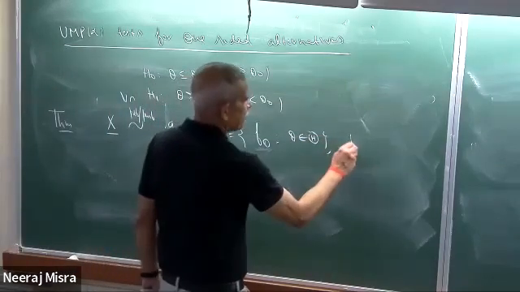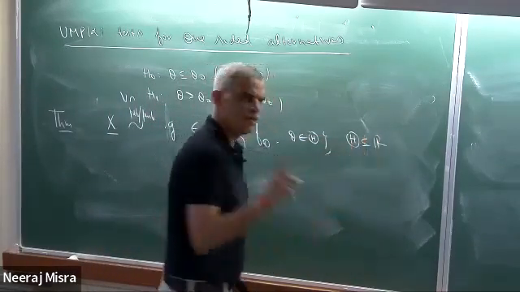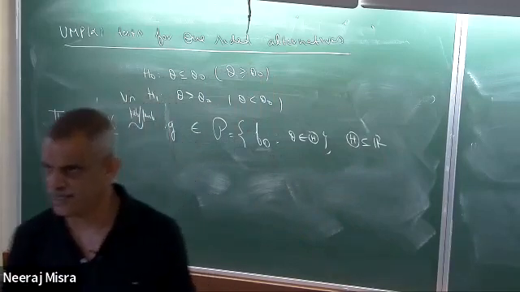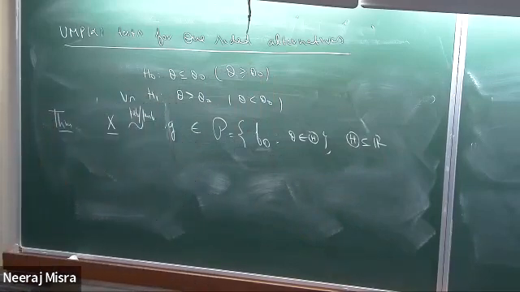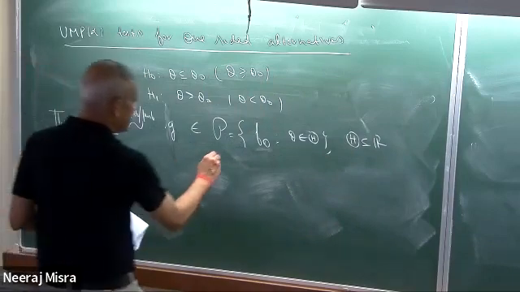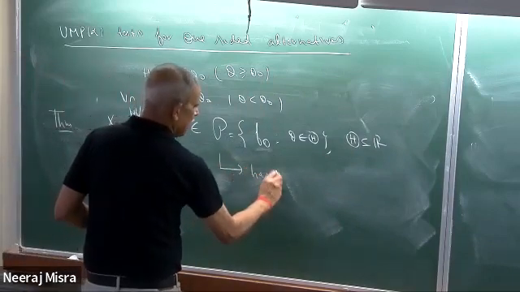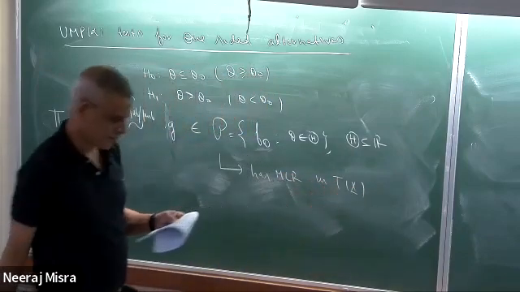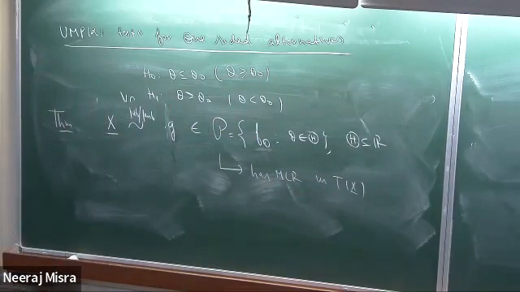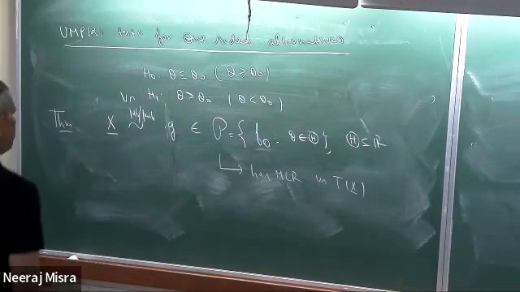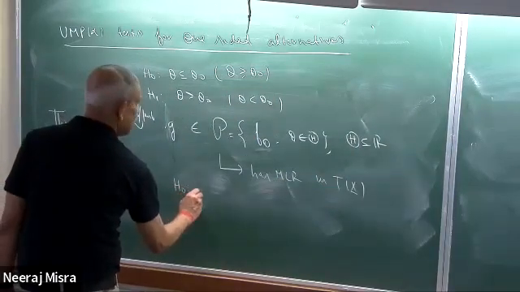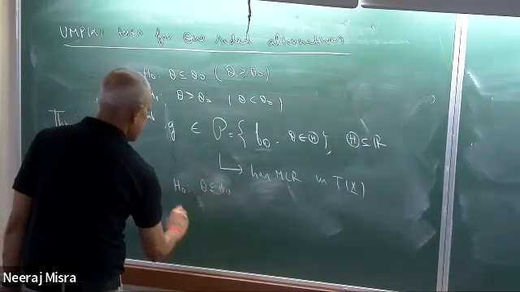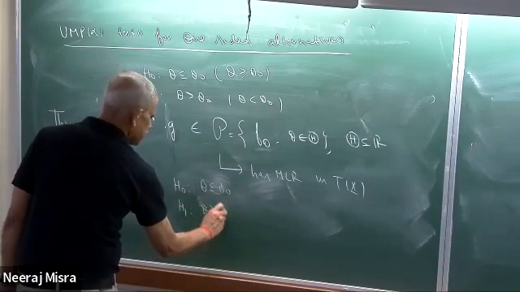So theta is a subset of R. There is only one unknown parameter, that is what case it covers. And suppose this has MLR in T of x. And I'm interested in testing theta less than or equal to theta naught against theta greater than theta naught.